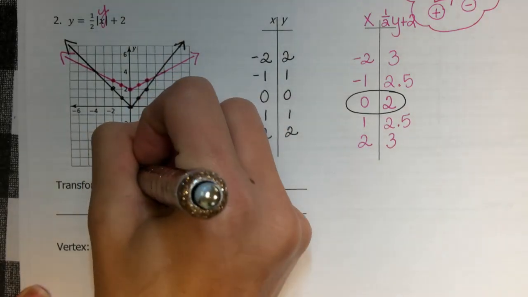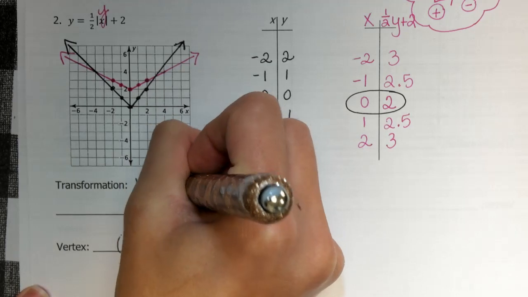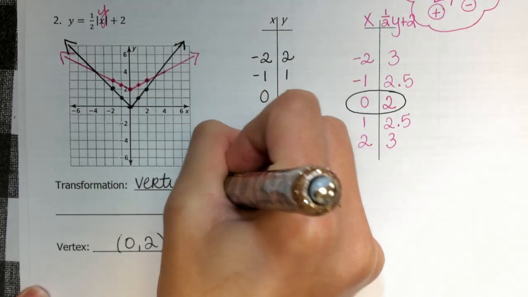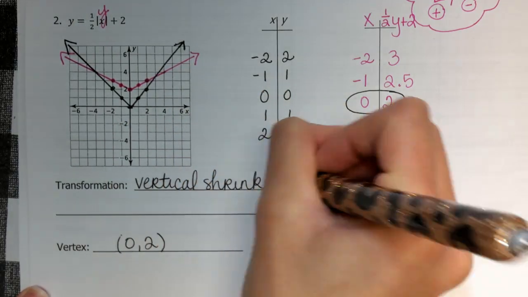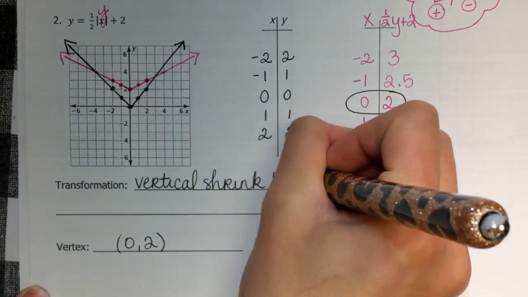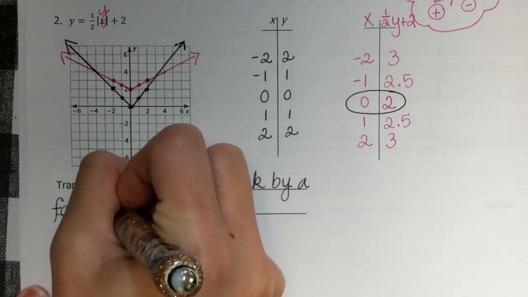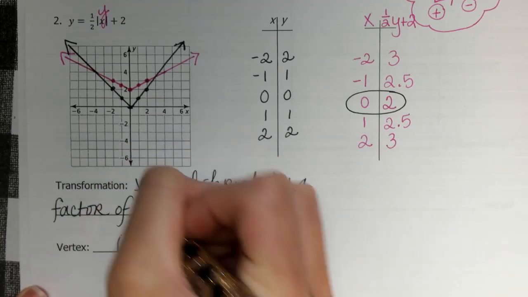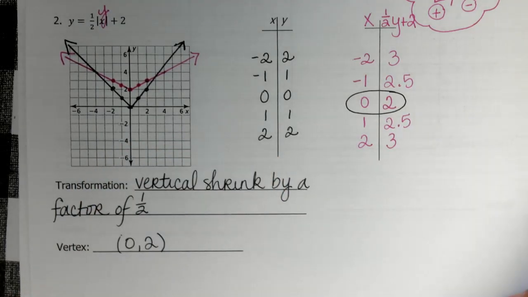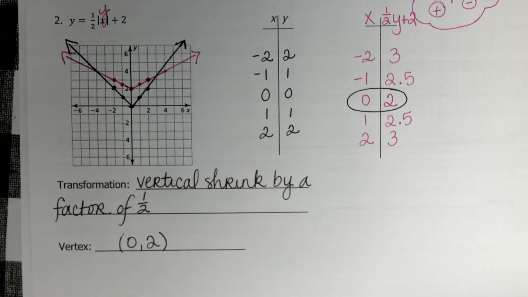It shrunk. So it's a vertical shrink. And then we're going to say by a factor of 1/2. So whatever that value is, that's what you put. So vertical shrink by a factor of 1/2.